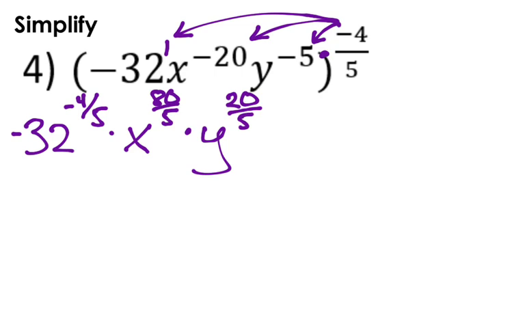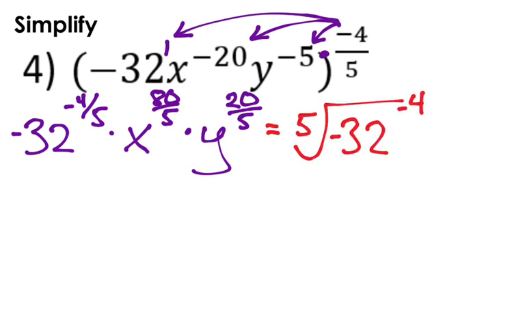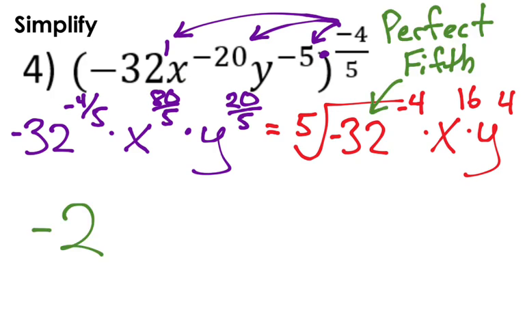So rewrite things, because there's usually things that can be simplified. You have a -32, the power is -4, the root is 5, and -32 is a perfect fifth. The 80 over 5 and the 20 over 5, both of those fractions can just be reduced. And since -32 is a perfect fifth, you can take its fifth root and you will get -2 from doing that.